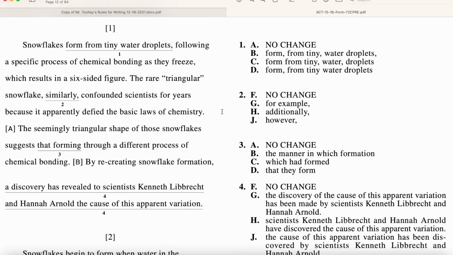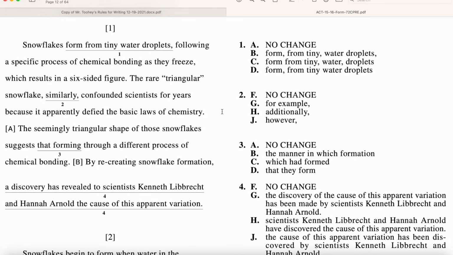This growth can take the form of either branching, which forms stable symmetrical shapes, or faceting, which forms unstable complex shapes. The seemingly triangular shape of these snowflakes suggests that forming through a different process of chemical bonding. How does that sound there?